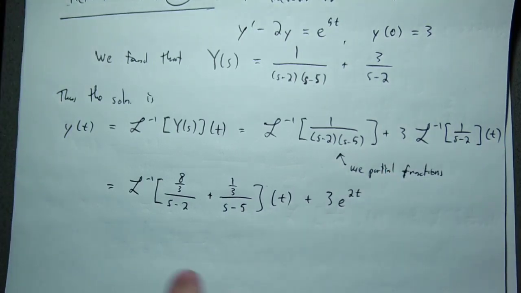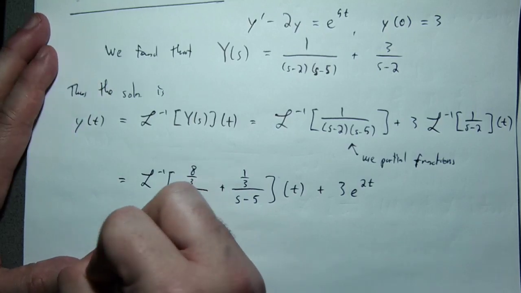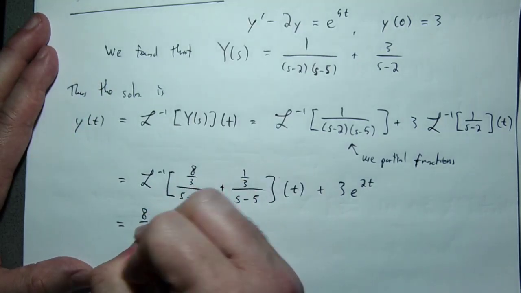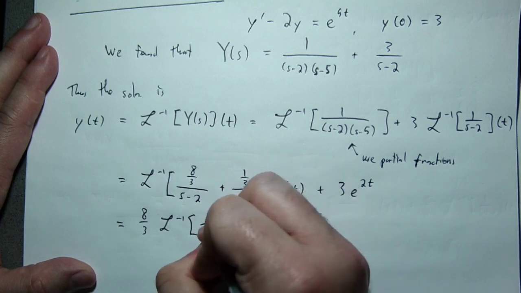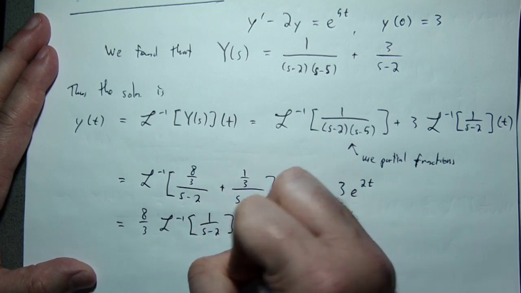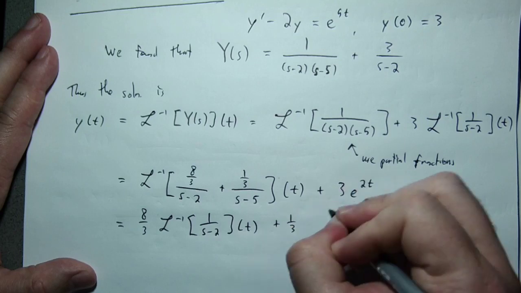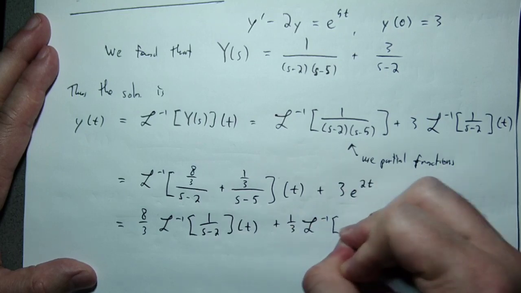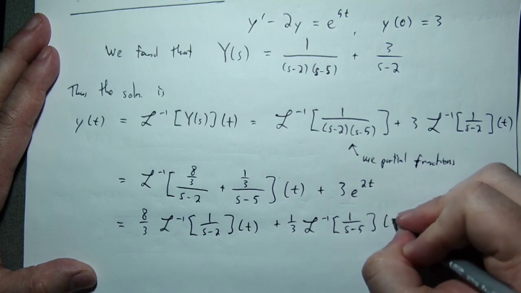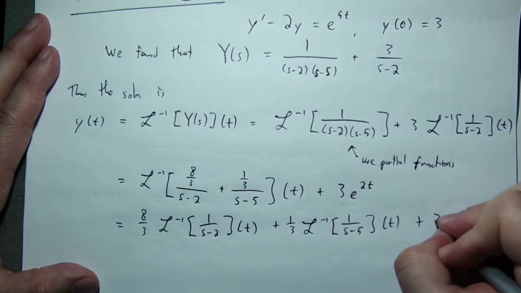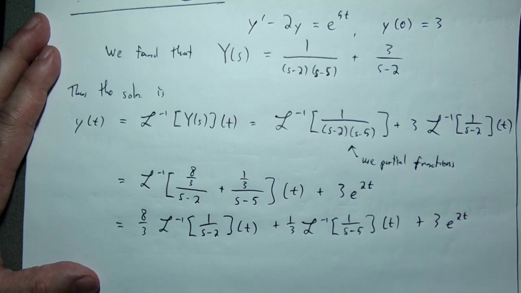Using linearity for the inverse Laplace transform again, this is 8/3 times the inverse Laplace transform of 1 over s minus 2, plus 1/3 times the inverse Laplace transform of 1 over s minus 5, plus 3e to the 2t.